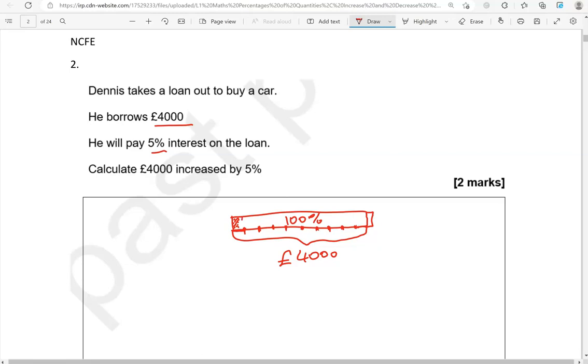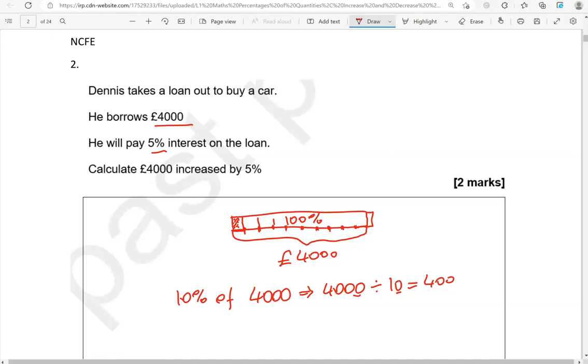So if I work out what 10% is equal to, then I can halve that to get 5% and add it on top. So 10% of 4,000, that can be worked out by doing 4,000 divided by 10. As you can see, there are 10 of these divisions in here. And that gives me 400. So I just knock off a 0 when I divide by 10.